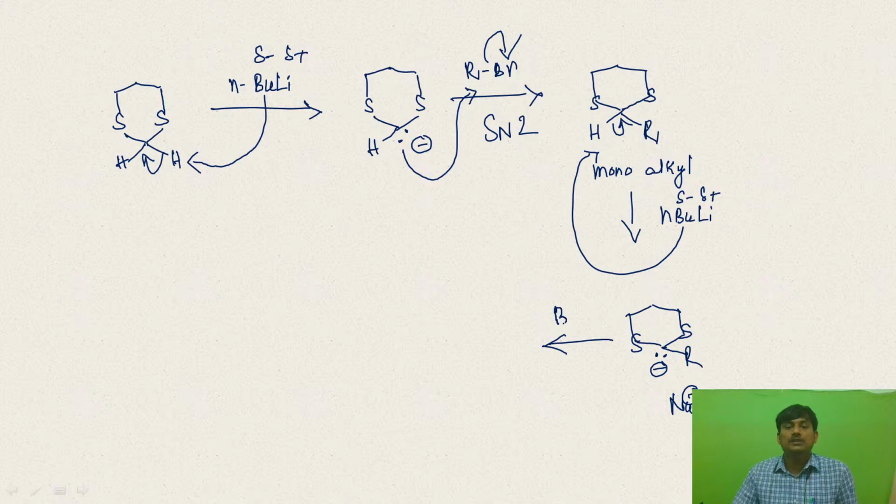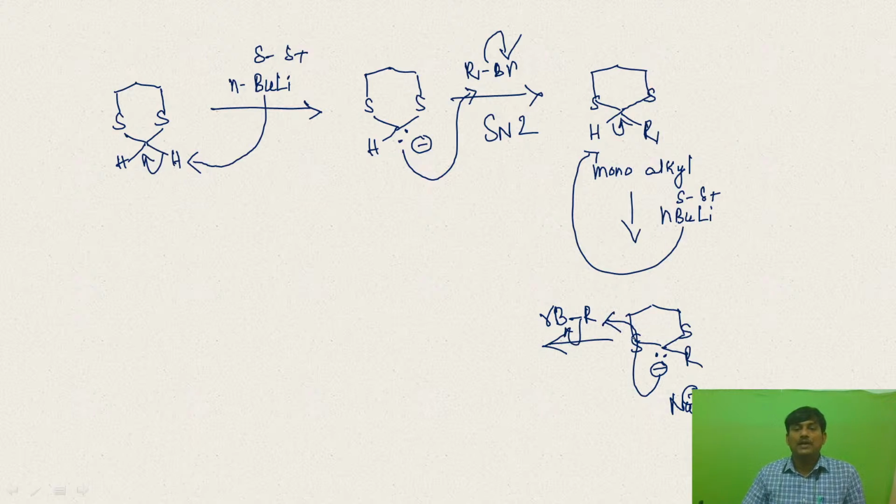When you treat with alkyl bromide, here there is a nucleophilic substitution reaction. So there is a formation of, let us take R dash, let's take a different alkyl bromide, then here there is a formation of dialkyl substituted 1,3-dithiane.